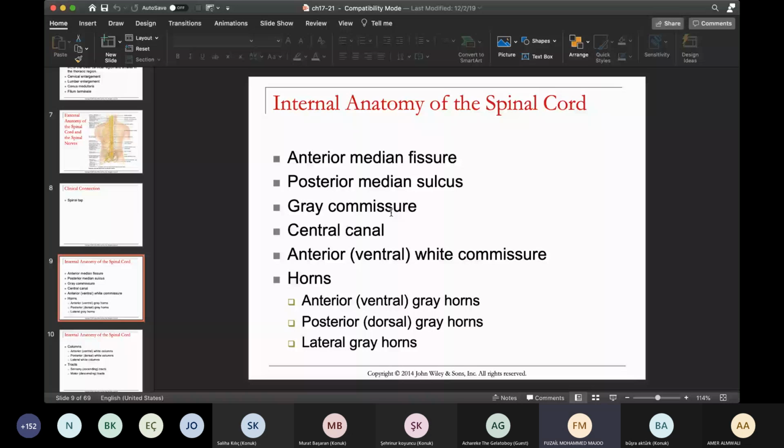Now, anterior to the gray commissure, so in front of, or ventral, we have the ventral white commissure, the anterior or ventral white commissure. And this connects the white matter of the right and left sides of the spinal cord.